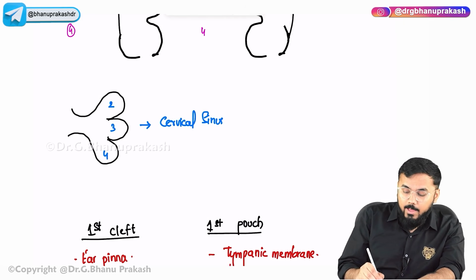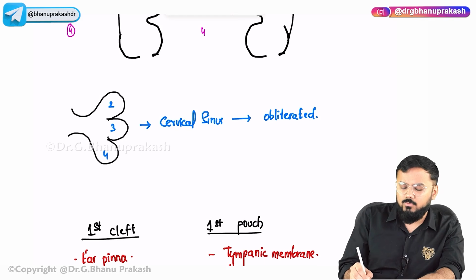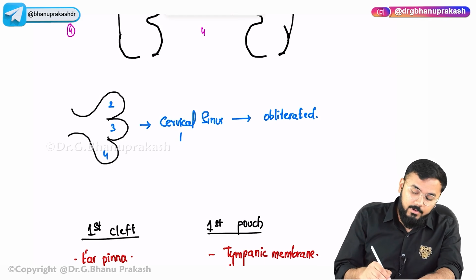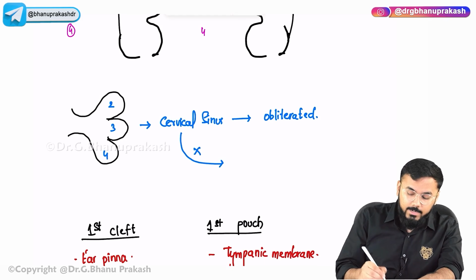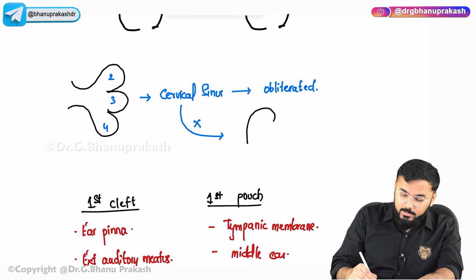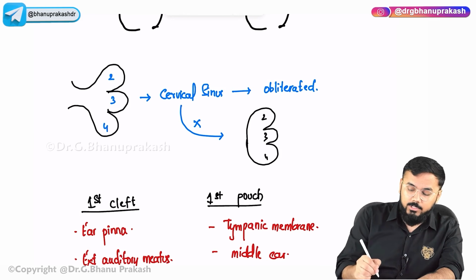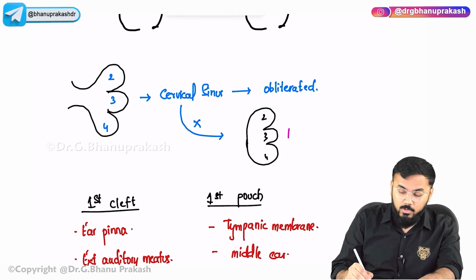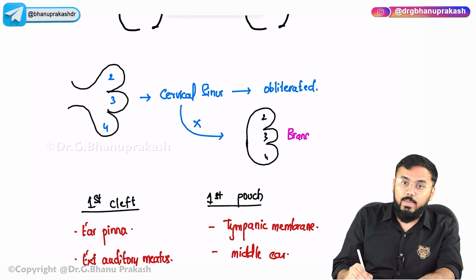Okay, now what will happen? This cervical sinus will later be obliterated, in the sense this cervical sinus will disappear. For example, if this cervical sinus is not obliterated, then it will convert in this manner, 2, 3 and 4, like this. This particular structure is called a branchial cyst.